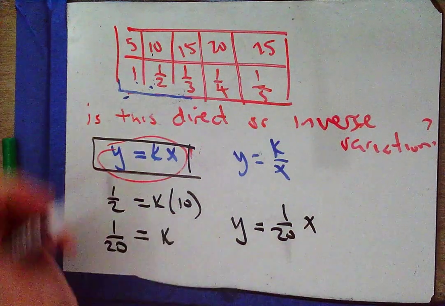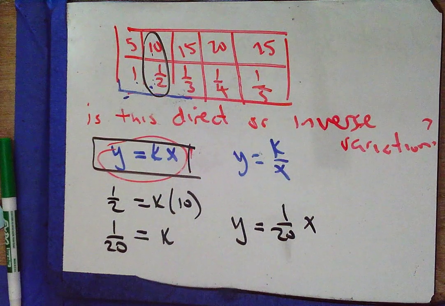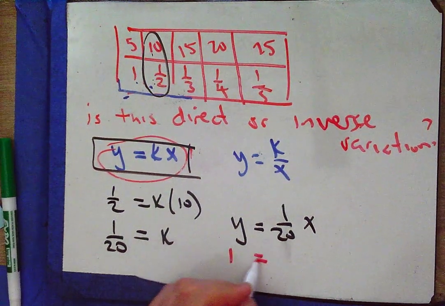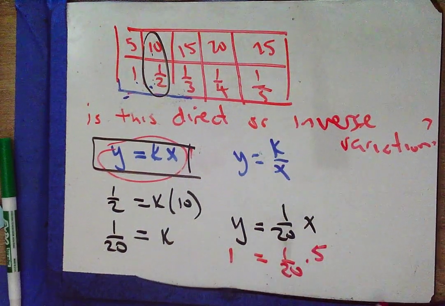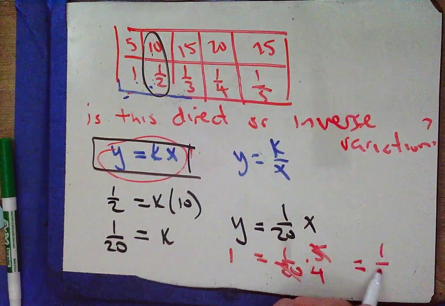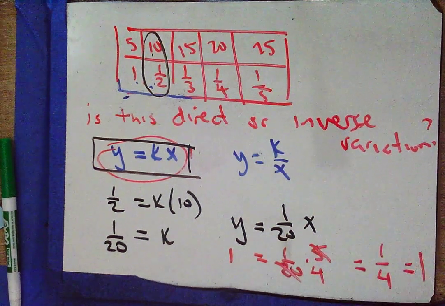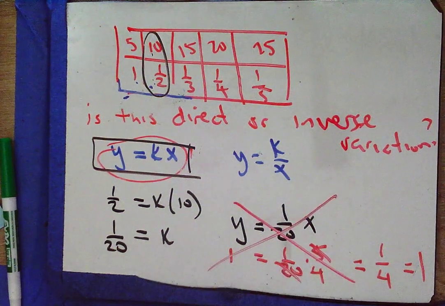Okay, so I built this model based on this first ordered pair. Well, let's now plug in a different ordered pair, like the first one, and see if it's still true. 1/20 times 5. Well, I can cancel, and I get 1/4. Does 1/4 equal 1? No. So this can't be the model.